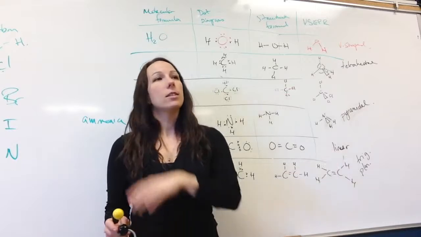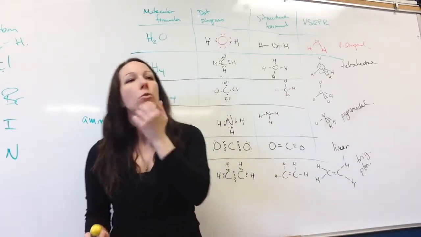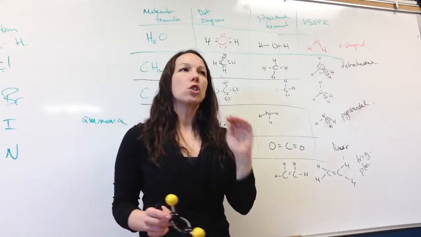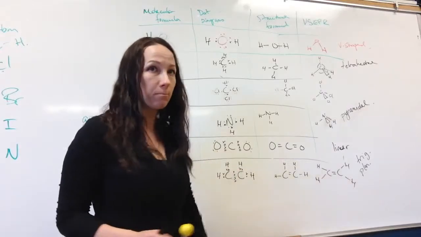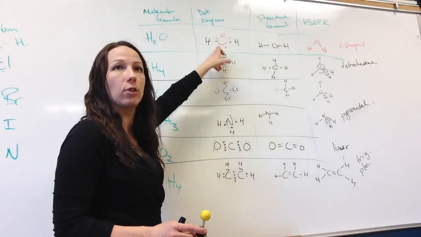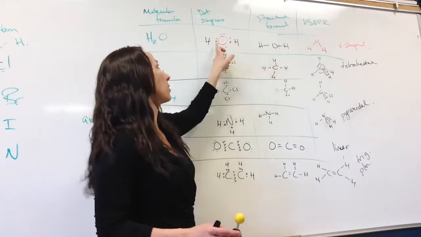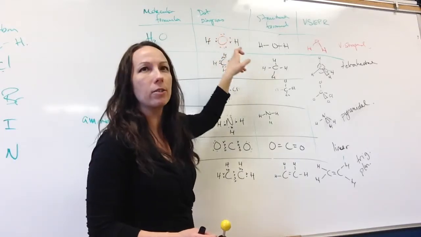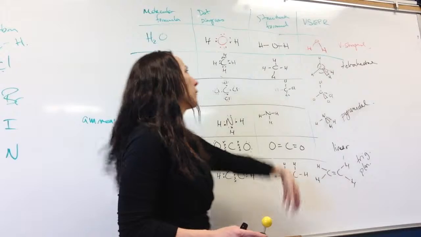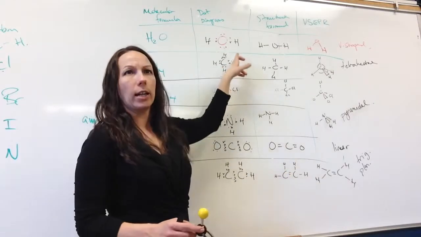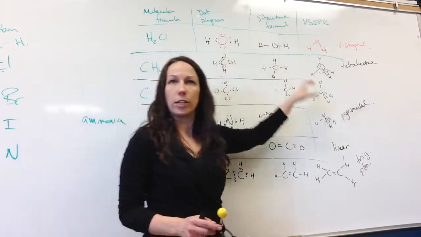Okay? Now lots of stuff that you read about, or if you have a tutor or in your snap book, they start making you memorize how many bonding electrons. If you have 2 bonding electrons and 2 lone pairs, it will be V-shaped. If you have 4 bonding electrons and 0 lone pairs, it'll be tetrahedral.